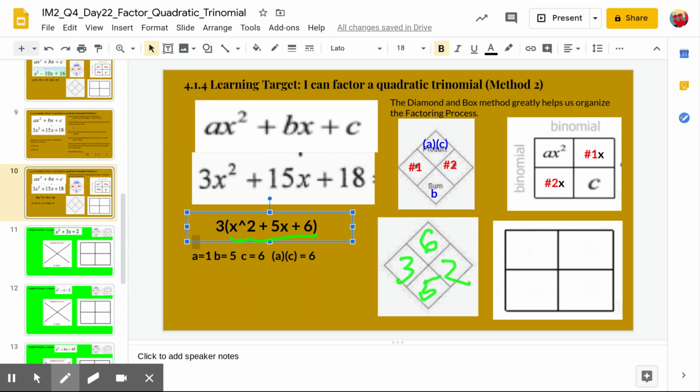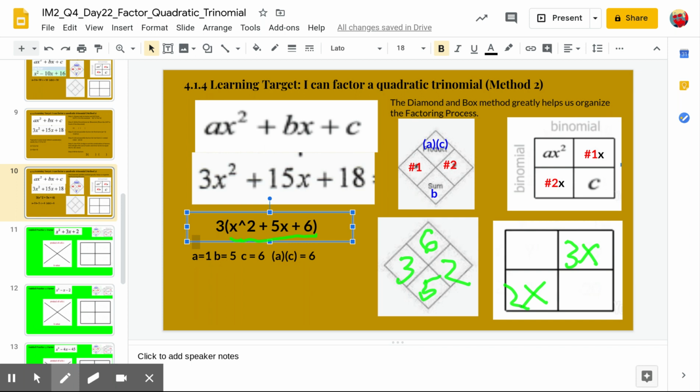All right, so now where does that go? In my generic rectangle, my upper right box is 3x. My lower left box is 2x. By the way, if you put 2x in the upper right box and 3x in the lower left box, you're going to get the same answer. It doesn't matter which box those go into. Okay, our upper left box, that's the ax squared.